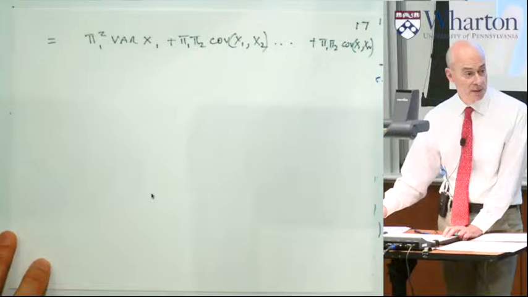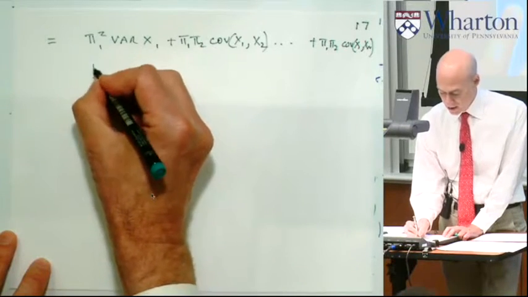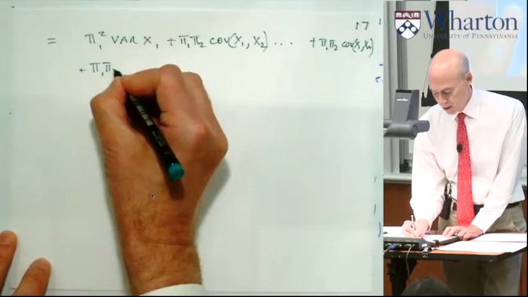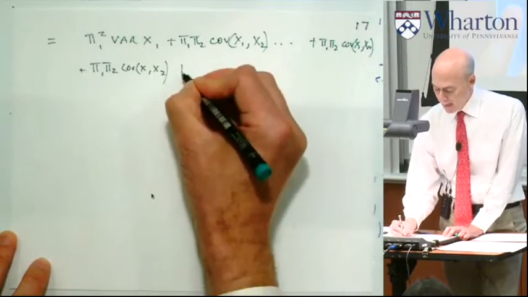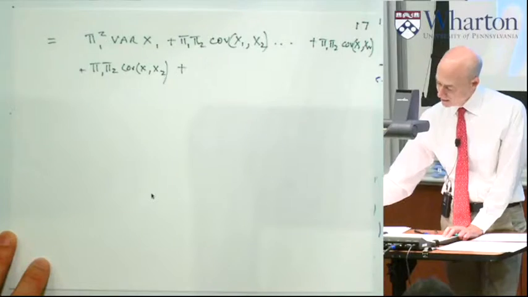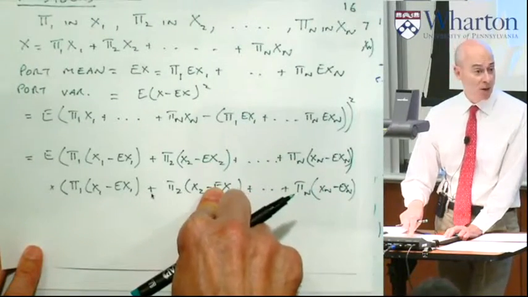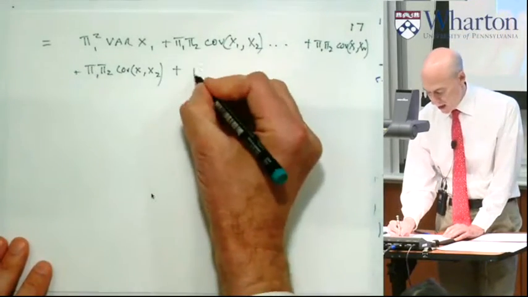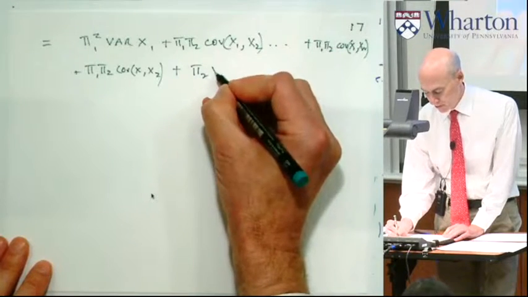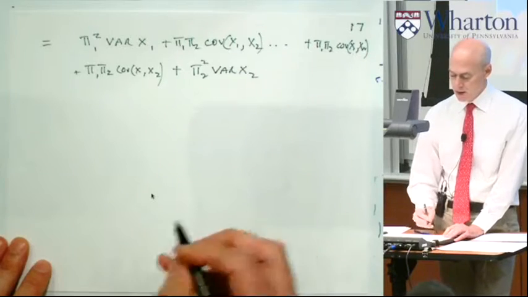What is that term, variance or covariance? It's a cross term, so it's a covariance. So we again get pi1, pi2, covariance x1, x2. And then when we get the second term times itself, we get a variance. And so on. So we get pi2 squared times the variance of x2.